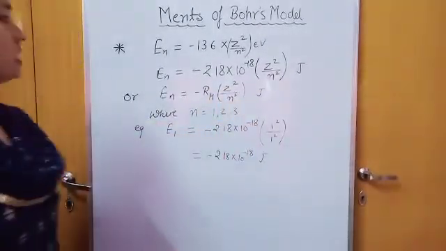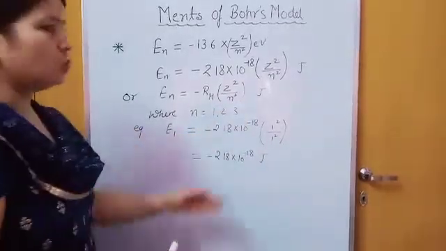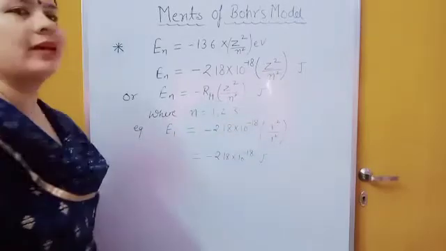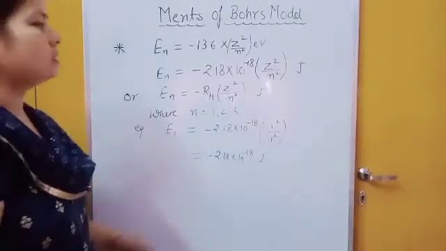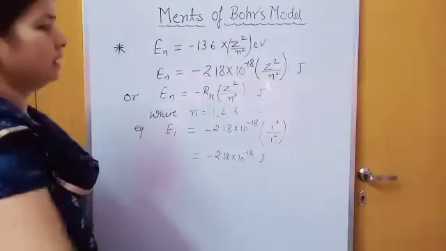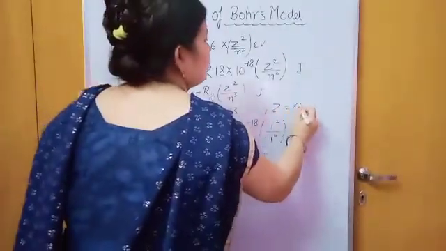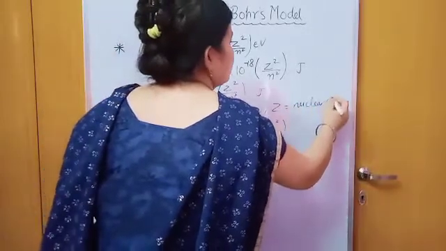Now in this case, n represents 1, 2, 3, depending on which orbit we are talking about, first orbit or second. And Z is equal to nuclear charge.